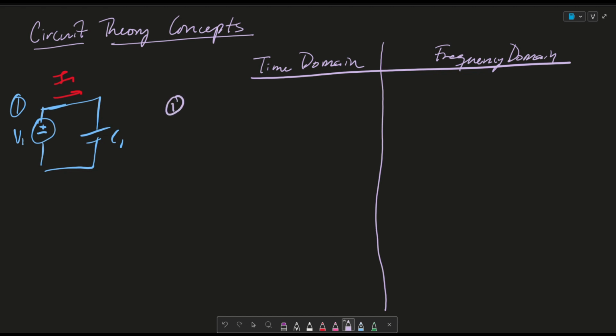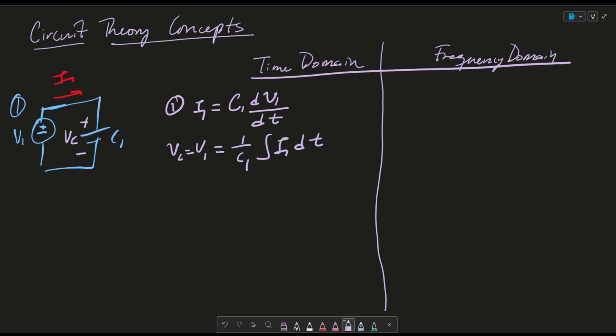I1 is equal to the capacitance times the change in voltage over time. If you wanted to solve for the voltage across this capacitor, VC, which is also V1, it's going to be 1 over C1 times the integral of I1 dt. So this maps to that.